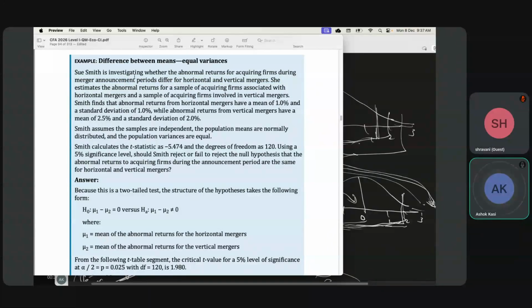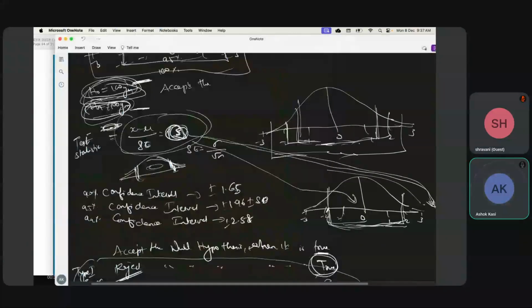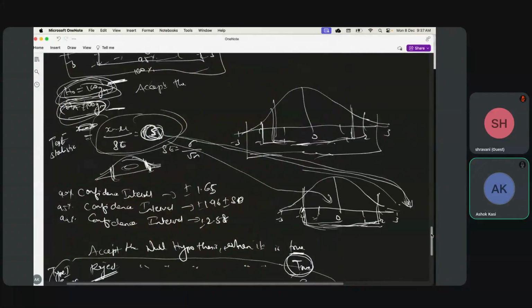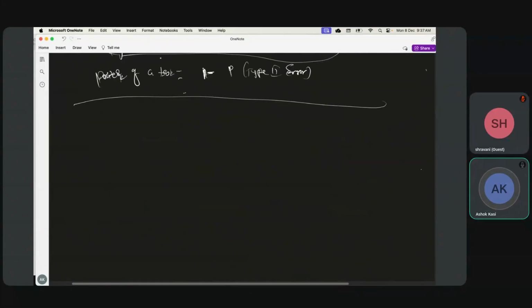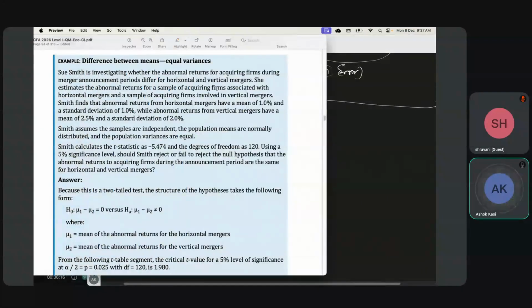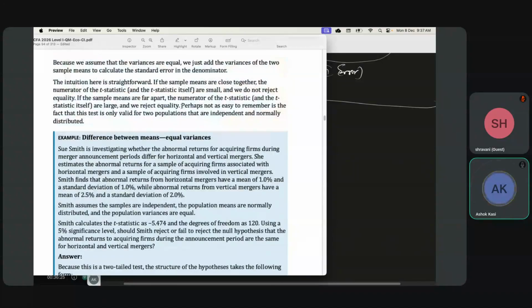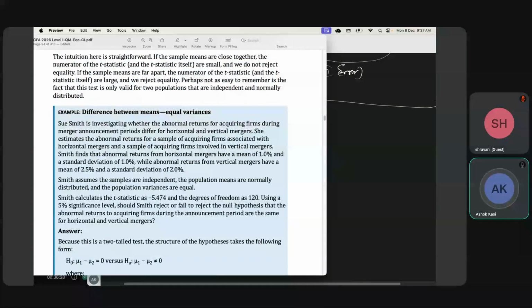If I want to check if the mean return differs, here: Sue Smith is investigating whether the abnormal returns for acquiring firms during the merger announcement period differ for horizontal and vertical mergers.